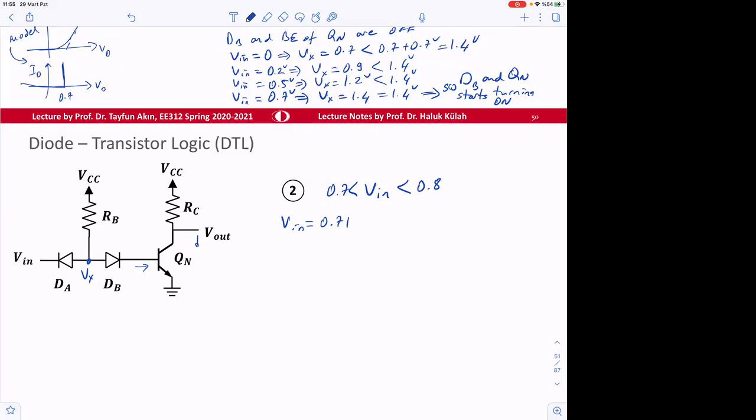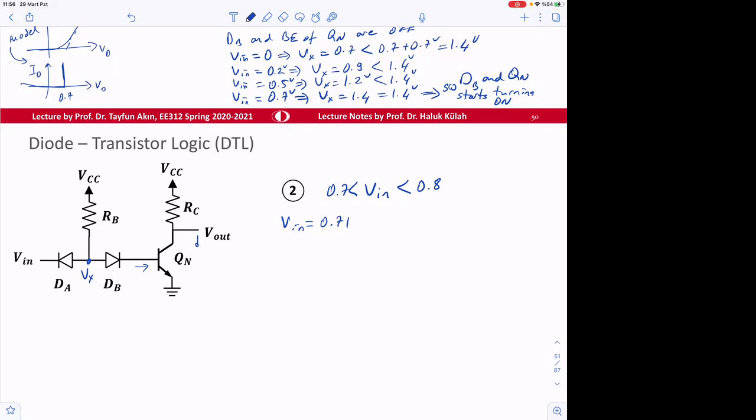So the transistor goes from maybe forward active until it goes to saturation. So there's going to be a very sharp increase here.